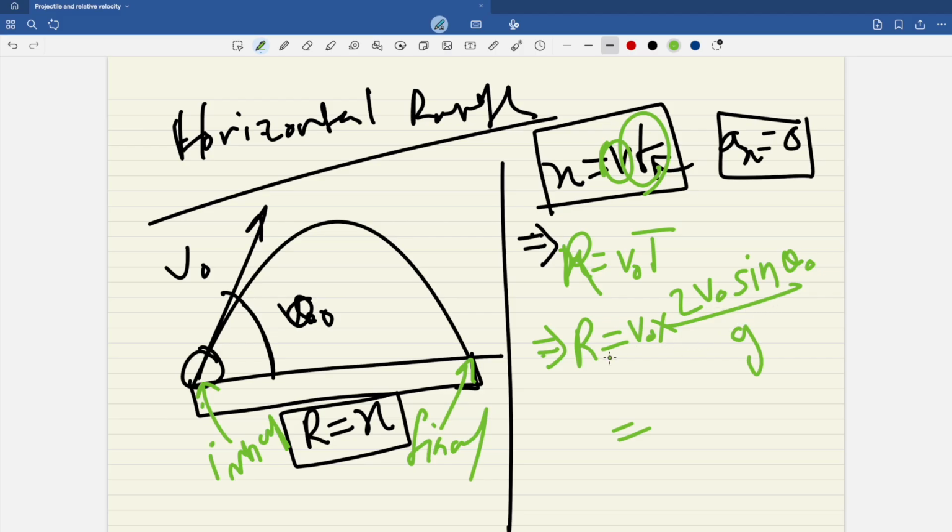Earlier we had seen that v naught is equated to v y naught, which is v naught sine theta naught. But for this, we'll not consider this. This is wrong here because we are calculating a horizontal term.